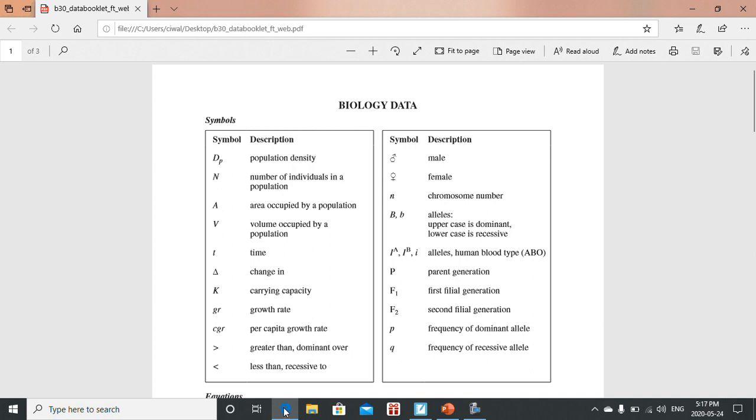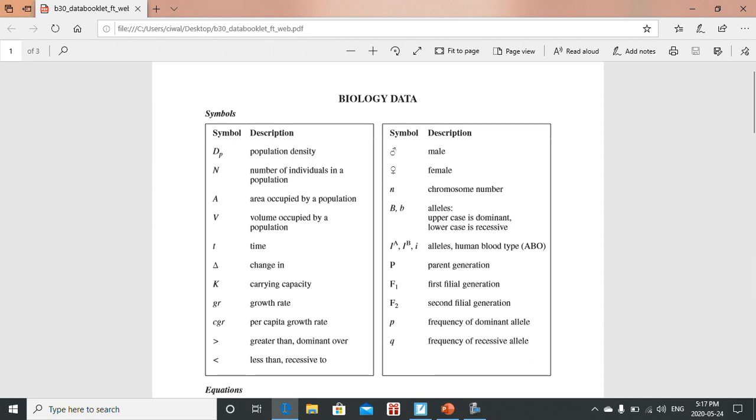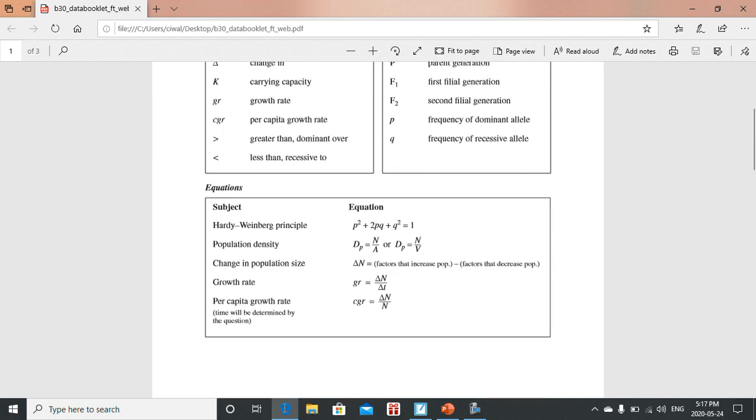And we'll do some calculations for growth rate, GR, per capita growth rate, CGR, and of course you should know the symbols for less than and greater than. The equations are here, so the ones we'll be dealing with are this one here, population density. Again, whether it's area or volume will determine which of those two equations you're picking.